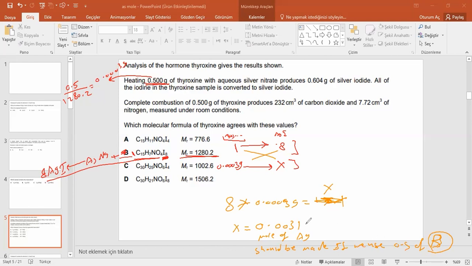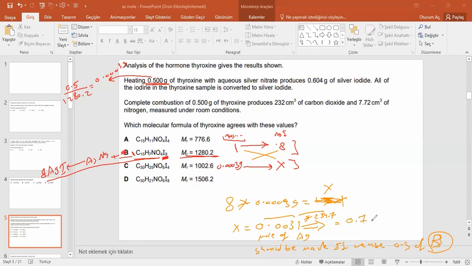B. So how many grams in this number of moles? What should we do? Definitely, we should multiply them by the molar mass. So we should multiply this number by 234.7, which is the molar mass of AgI to convert moles to mass.